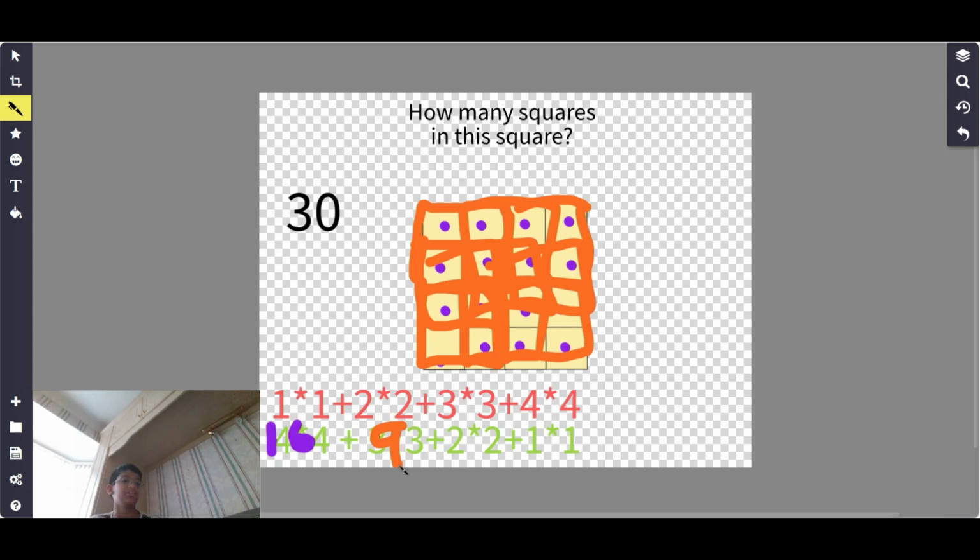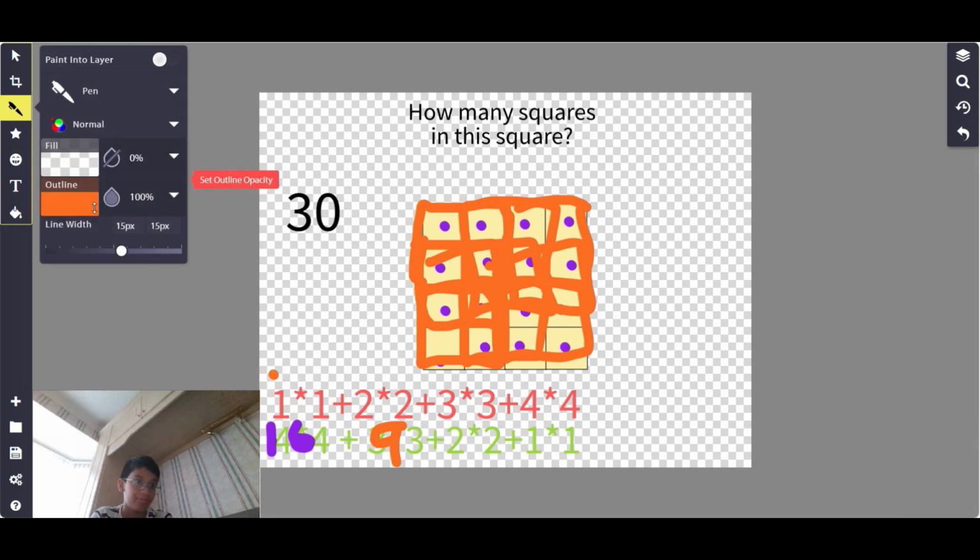Look, this pattern actually works. Then after this, 2 by 2 squares.